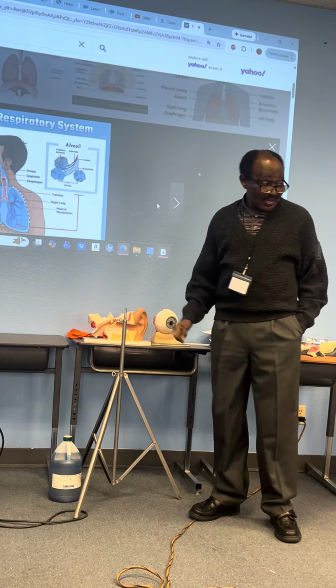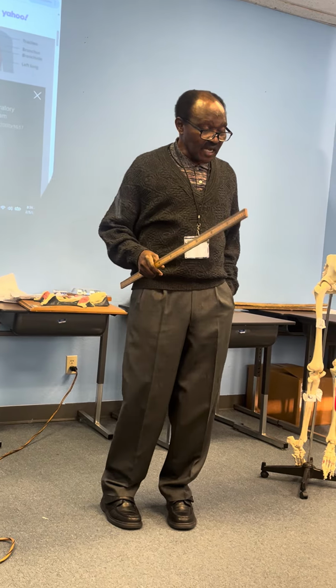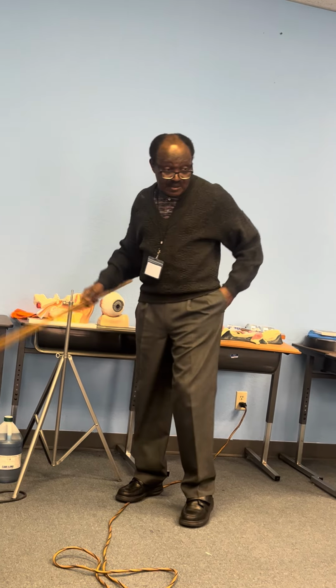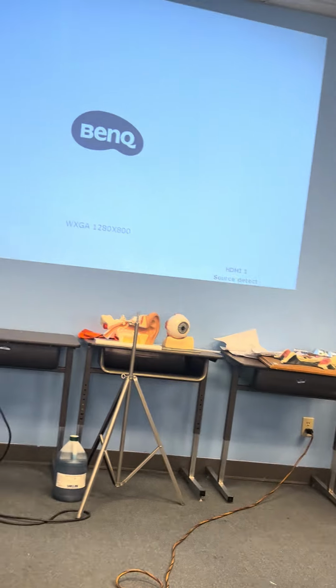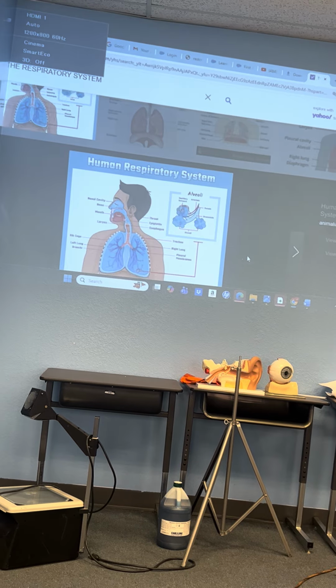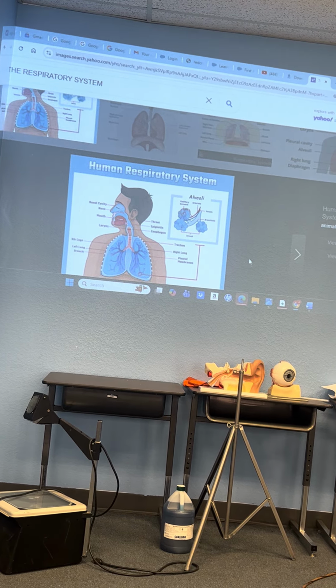Now, there are two lungs, the right lung and the left lung. You need to know more about the structure of the lung. The lung is triangular. You can see each lung has three sides. They are not perfect triangles, but they are more like a triangle. That's why we call it triangular.